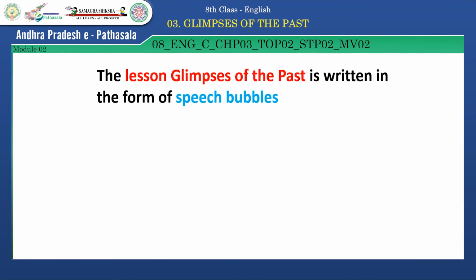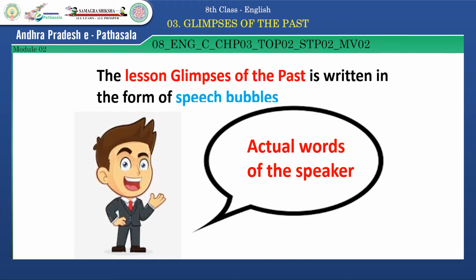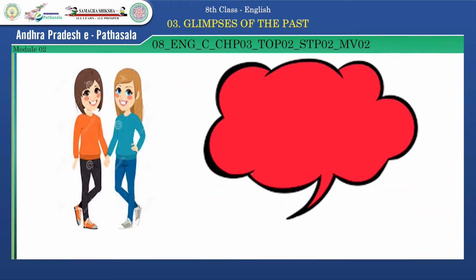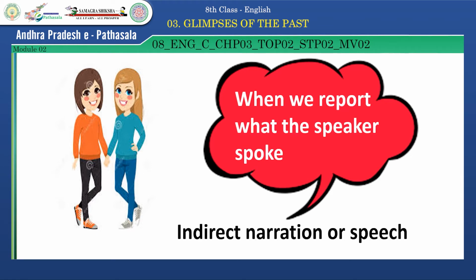So the lesson Glimpses of the Past is written in the form of speech bubbles. That means the actual words of the speaker. So it is called direct narration or direct speech. When we report what the speaker spoke, it is called indirect narration or indirect speech.